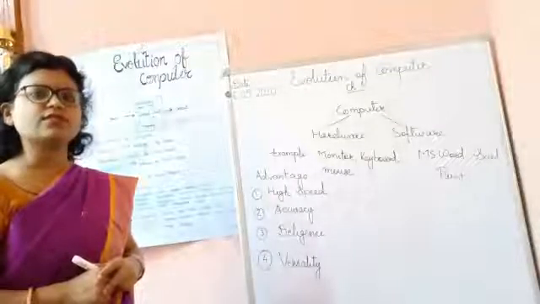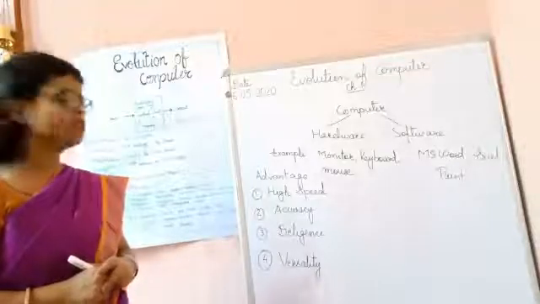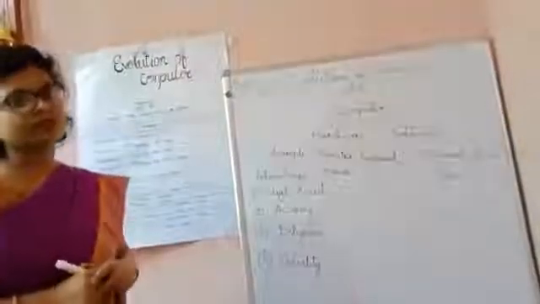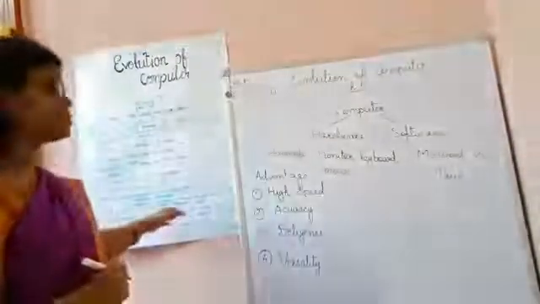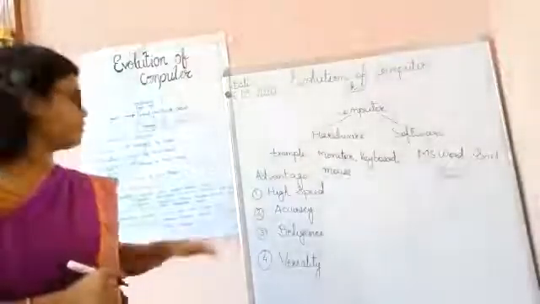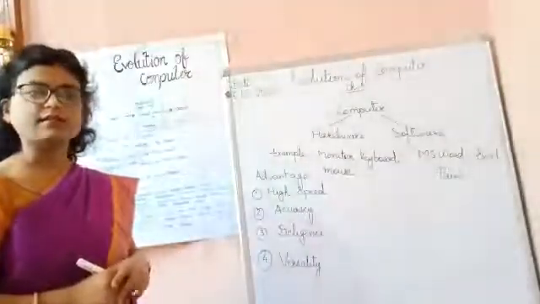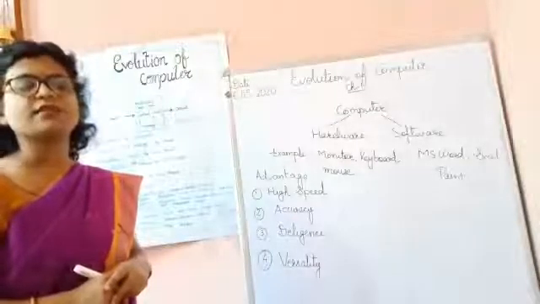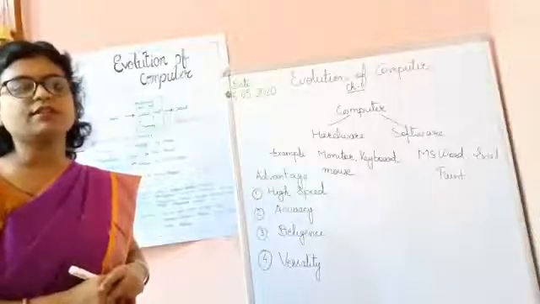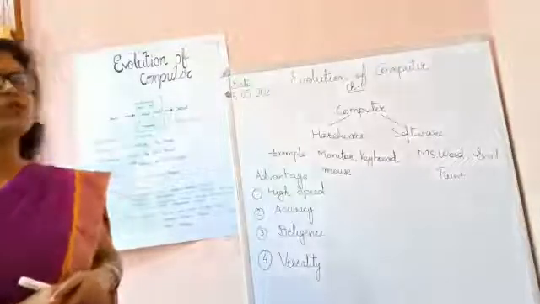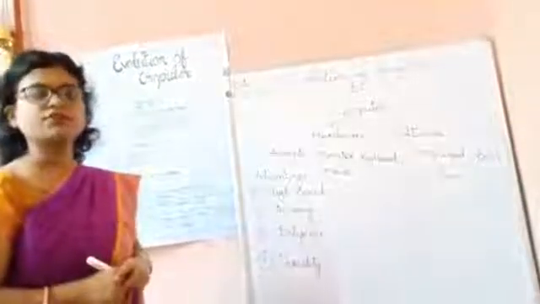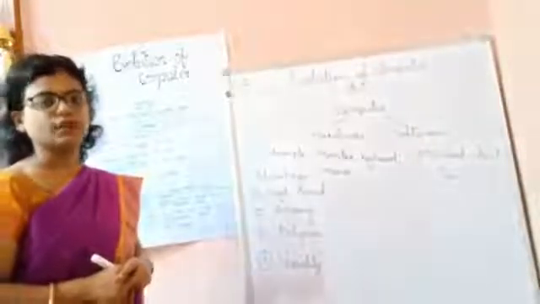And later on the third generation of computer, that is PCXT and PC80. The fourth generation of computer used Pentium computer, notebook computer, that is 1970 to 1990. Again in 1990 robotics came. So robotics works on artificial intelligence. So this is all about chapter 1, that is the evolution of computer. Thank you.